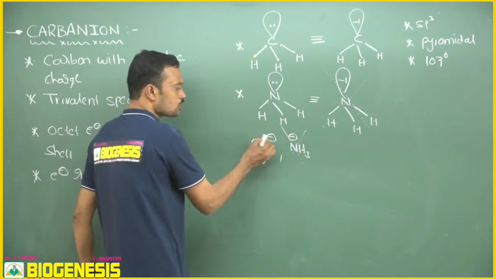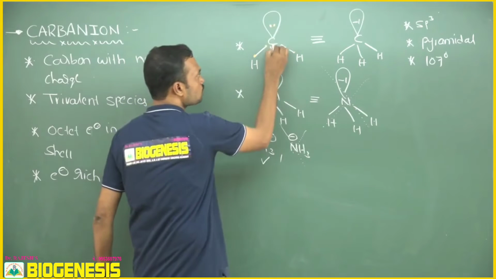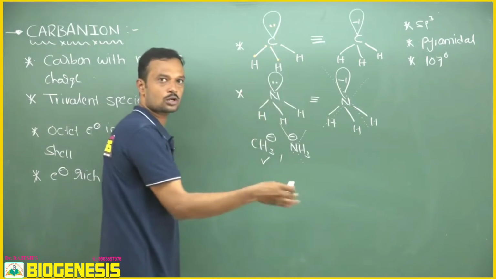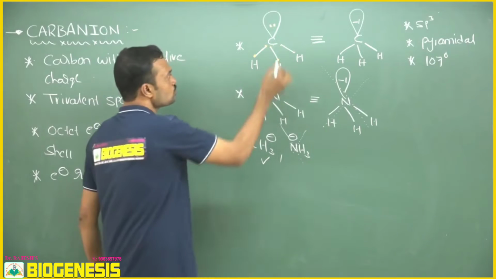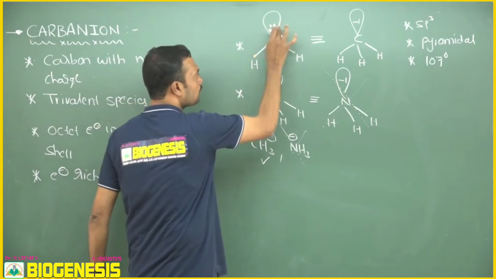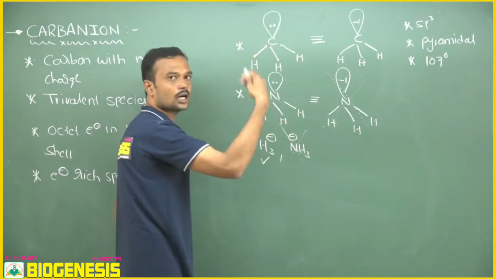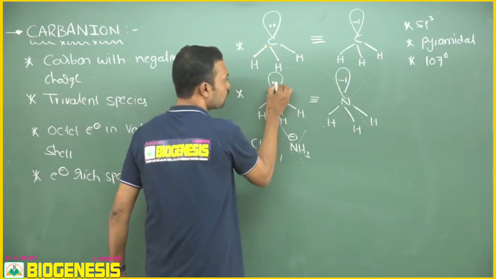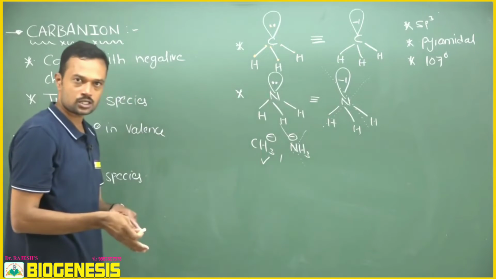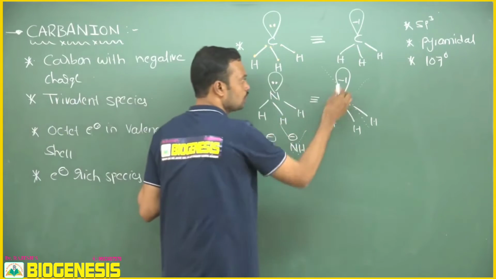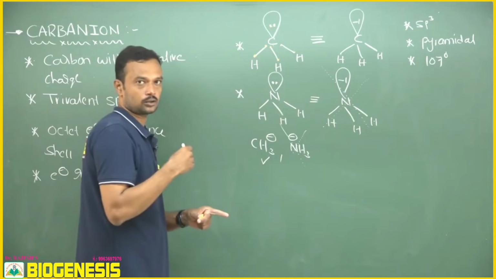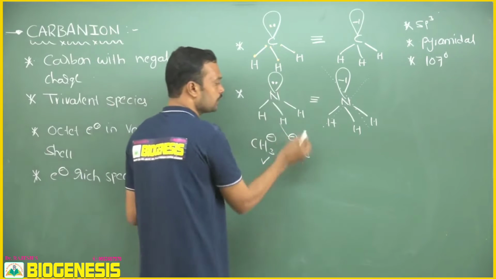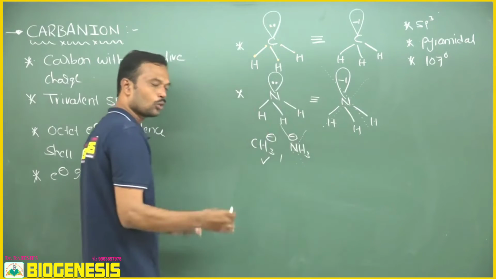Negative charge means 2 electrons, 1 electron belongs to carbon, and this electron comes from either hydrogen or some metal. So 1 electron does not completely belong to carbon, it comes from another element. But here these 2 electrons of nitrogen belong to nitrogen itself, so that's why we can't write a negative charge here. So -1 means it is gaining one extra electron. If you write a lone pair simply, then it indicates that the lone pair belongs to its own element.